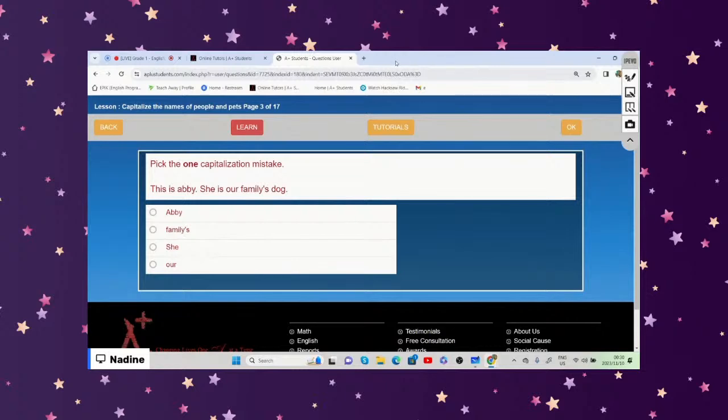So we need to select the capitalization mistake. This is Abby. She is our family's dog.